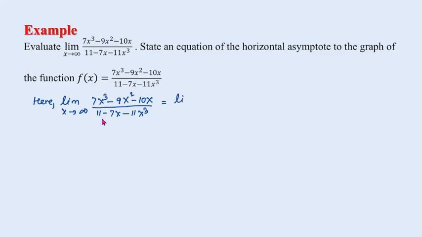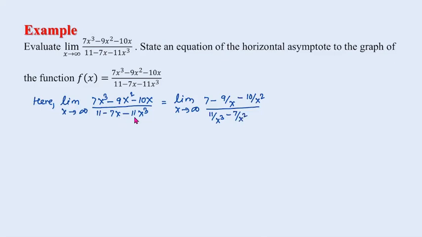So this will be equal to the limit as x approaches infinity, 7x cubed divided by x cubed, that will be 7, minus 9x squared divided by x cubed will be 9 over x, and then minus 10x divided by x cubed will be 10 over x squared, divided by, in the denominator, 11 divided by x cubed, 11 over x cubed, then minus 7x over x cubed is 7 over x squared.